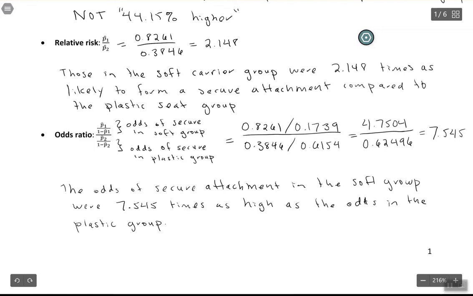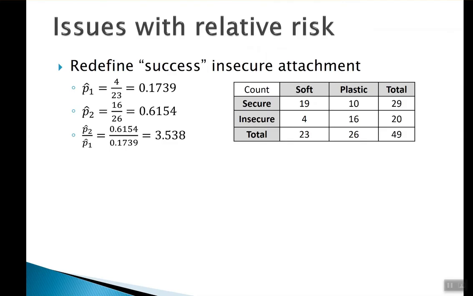So if these interpretations are similar, and odds are definitely harder to understand than probabilities, why would they ever use an odds ratio instead of a relative risk? So it turns out there's actually a big issue with relative risk. So let's say that we redefine what we call success, and instead of counting the secure attachments, we're going to count the insecure attachments.